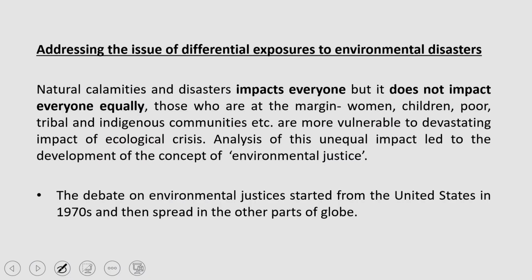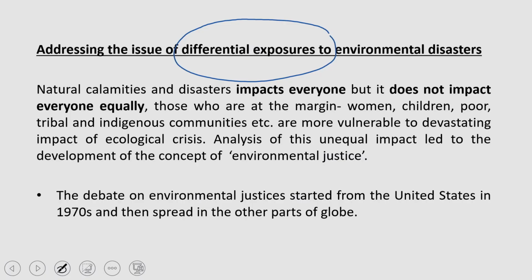Now we'll talk about the third and very important aspect, that is addressing the issue of differential exposure to environmental disaster. When we talk about natural calamity or any disaster, we know that it impacts everyone. No one can say that he or she is immune from the impact of a natural calamity or disaster.